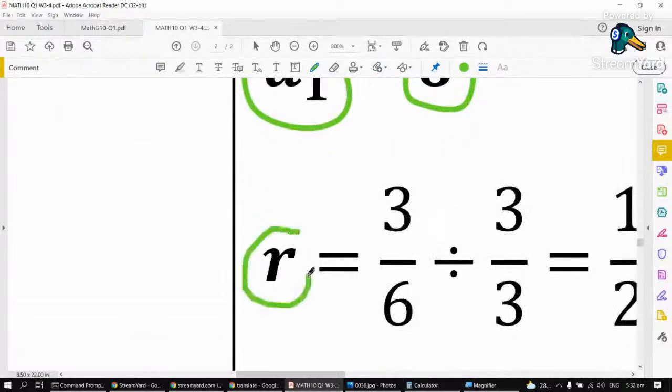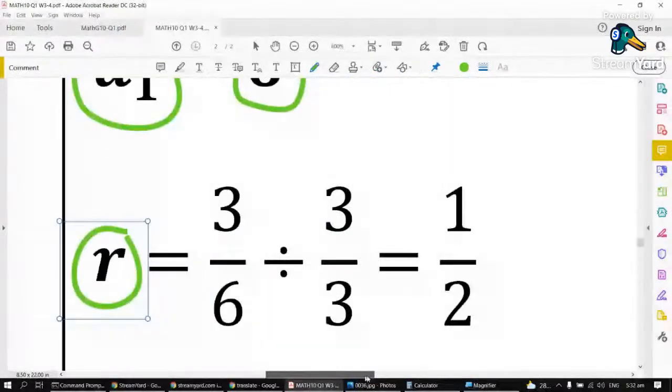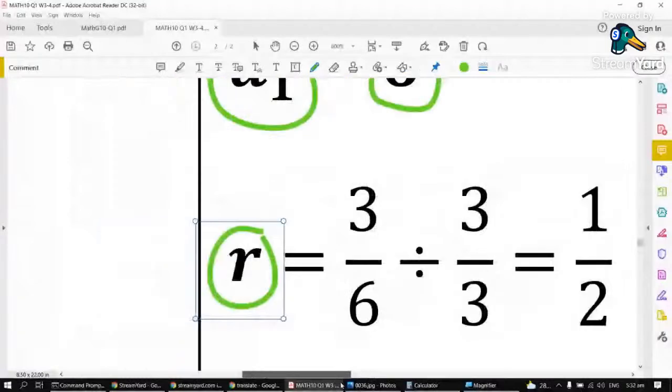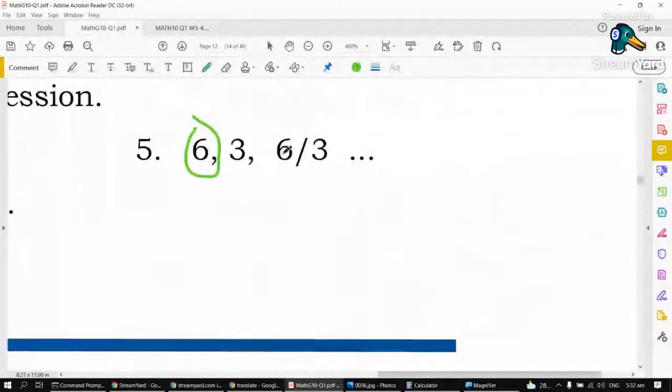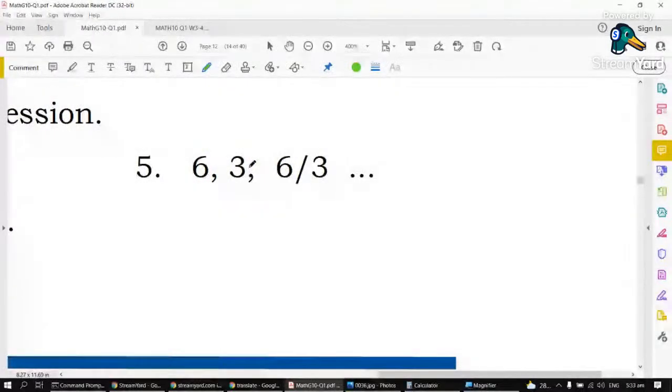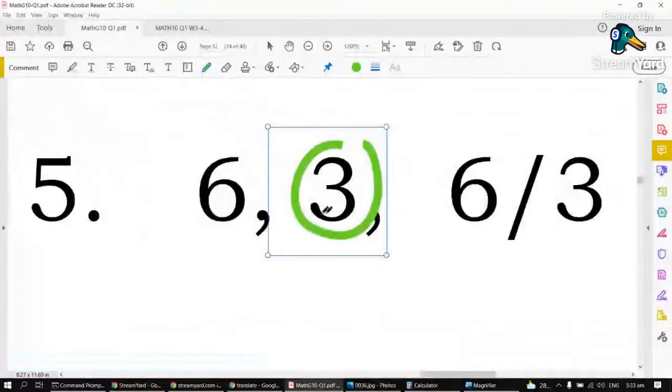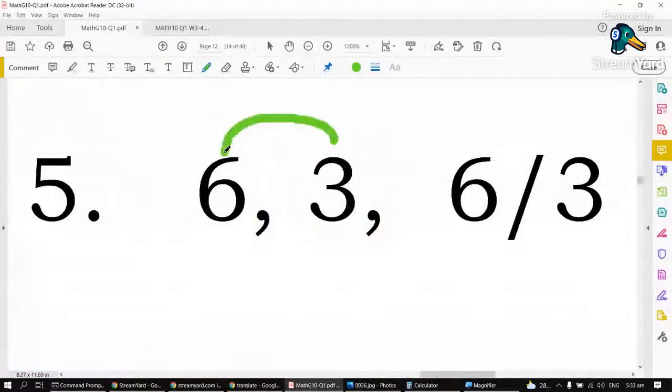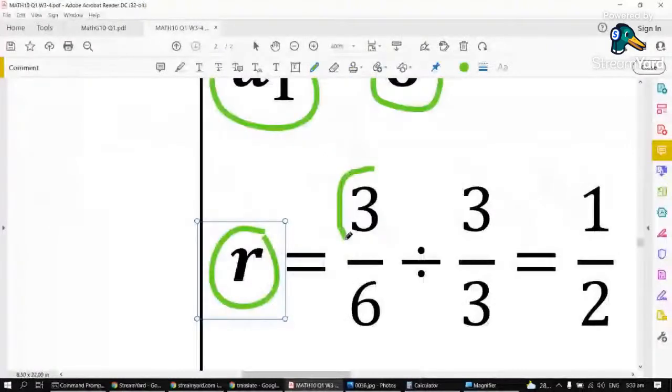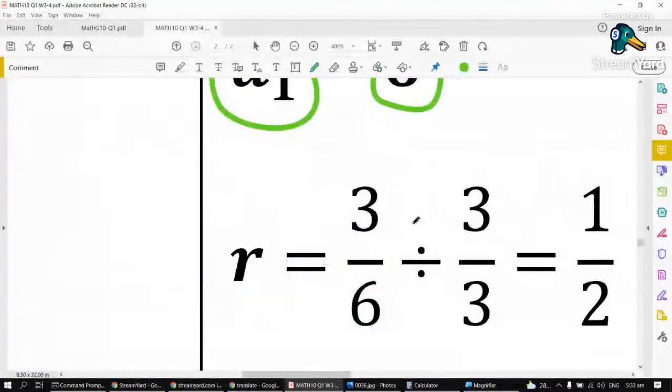And then ang ating common ratio is, paano nakuha ang common ratio? Yung nasa kanan, 3 divided by yung nagpe-precede sa kanya, yung nauna sa kanya, no? 3 divided by 6. Hindi natin pwedeng i-divide ang 3 ng 6.